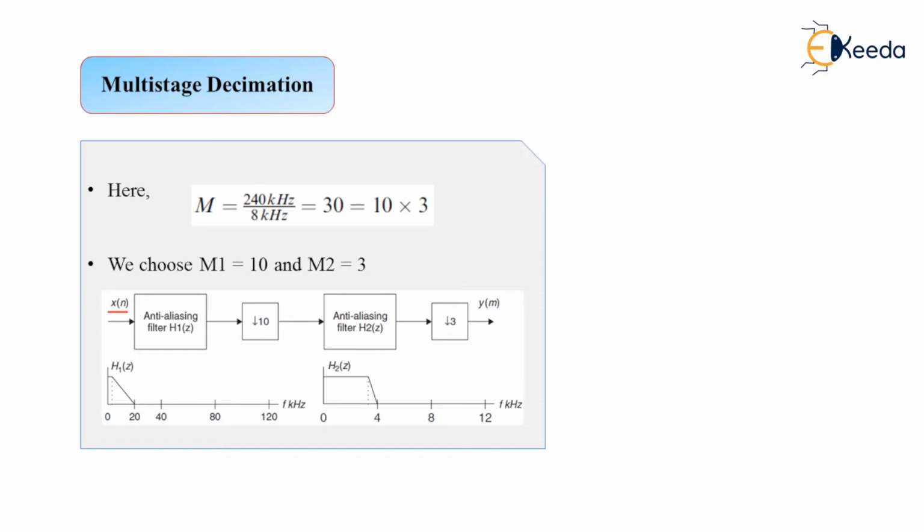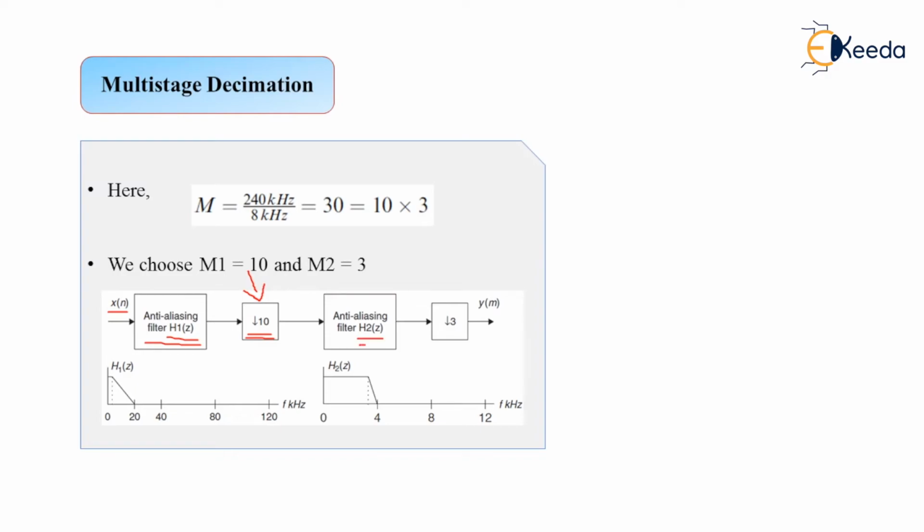So we have the two stages. So x of n we feed as input to stage 1, where there is an anti-aliasing filter with the filter function h1 of z, and then it follows the decimation factor 10 here. So 10 is the value of m1.